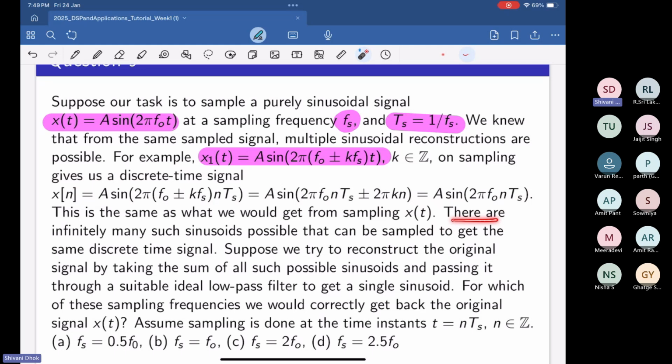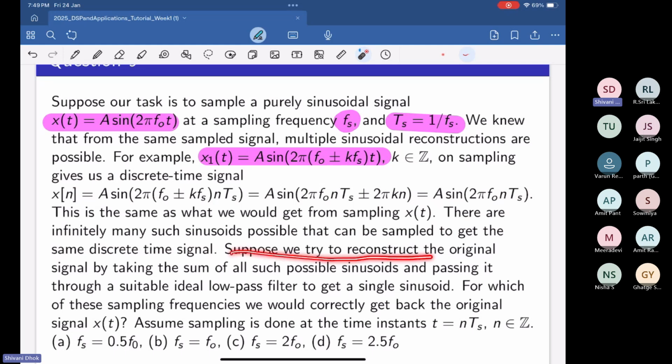So now there are infinitely many such sinusoids possible that can be sampled to get the same discrete time signal. So if I go on changing my k, I will get different sinusoids, and again I will get the same discrete time representation for all those sinusoids.